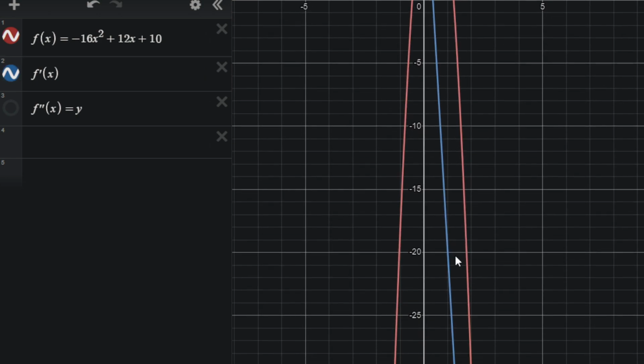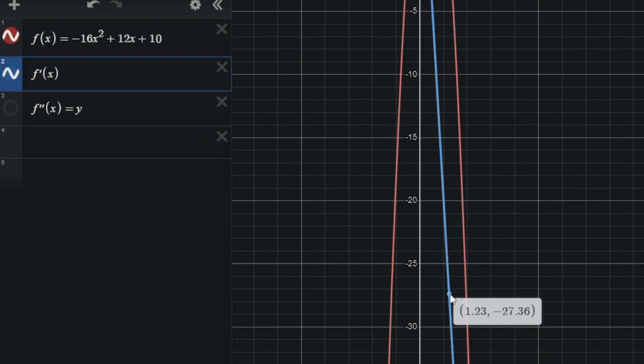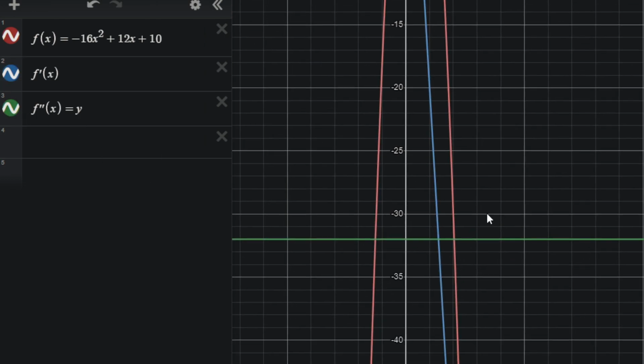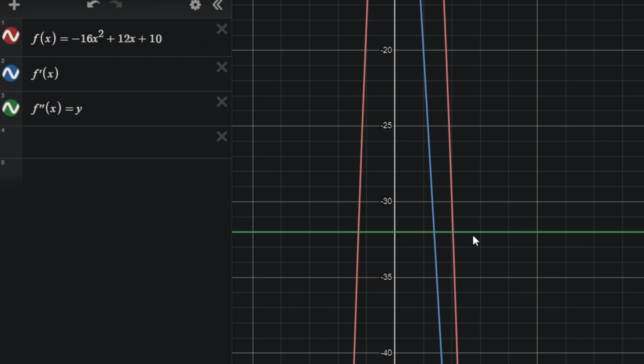Let's see. 1.25. Okay, we can see it's about negative 28-ish feet per second. And then we also can look at the acceleration. The acceleration is this green line. So that's the slope of the blue line, the velocity. And it's just a constant function at negative 32.